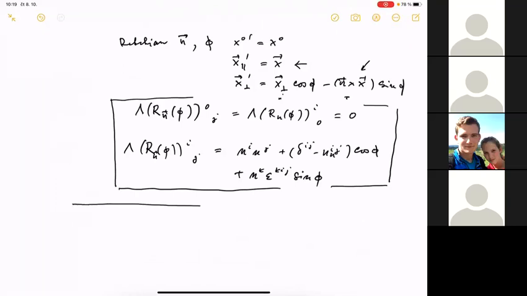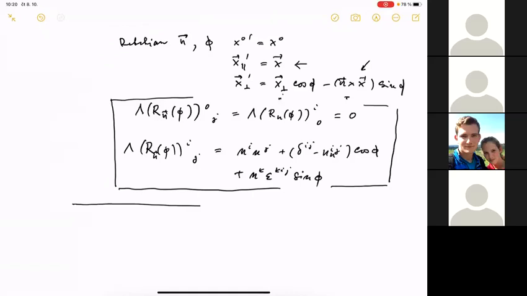Okay, so now we will also need to know what the generators of the Lorentz group are. As you know, the generators of a general Lie group tell us something about the behavior of the group near the unity of the group.